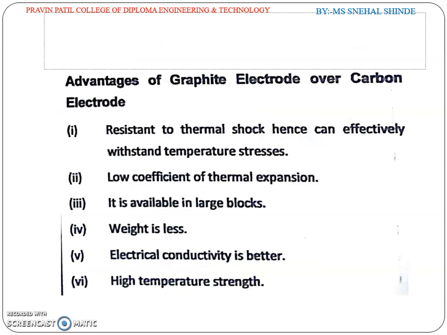Now the advantages of graphite electrode over the carbon electrode are: resistance to thermal shock, hence it can effectively withstand the temperature stresses; low coefficient of thermal expansion; it is available in large blocks; the weight is less; the electrical conductivity is better; and high temperature strength. So these are the advantages of graphite electrode over the carbon electrode.